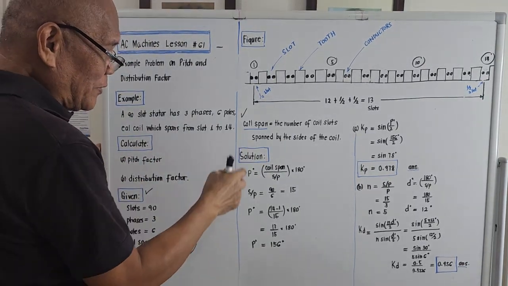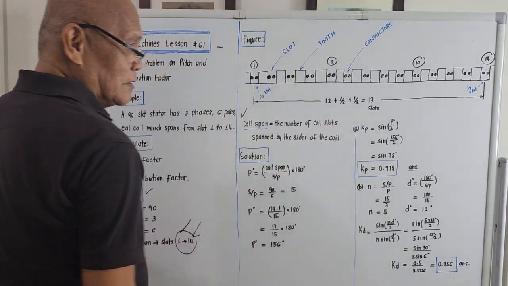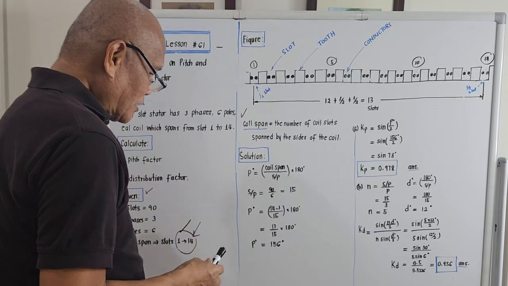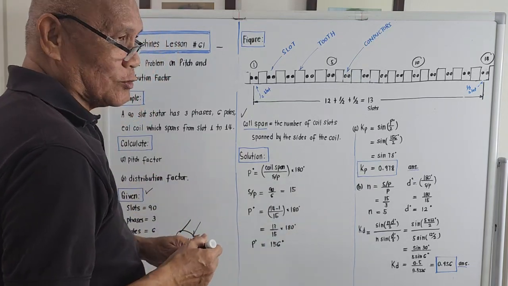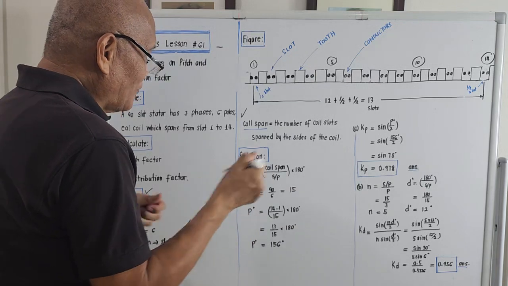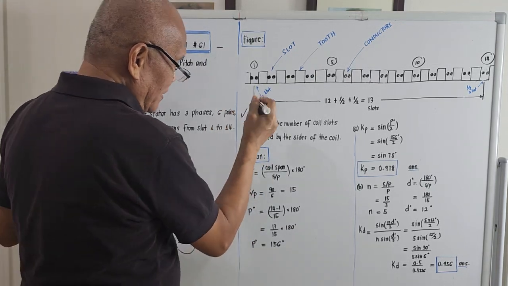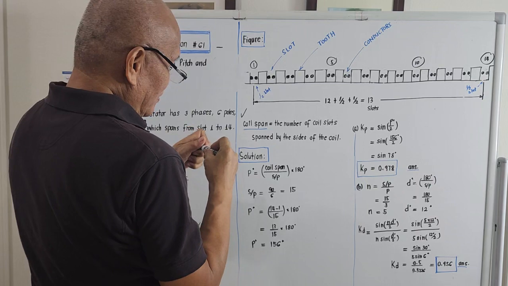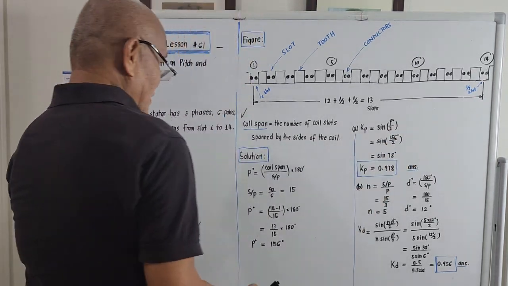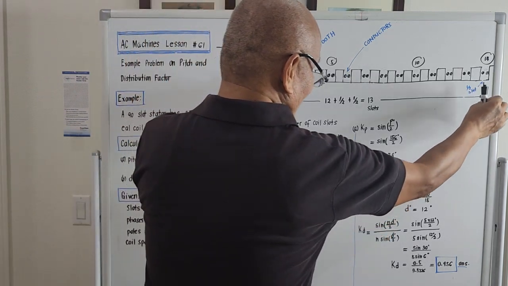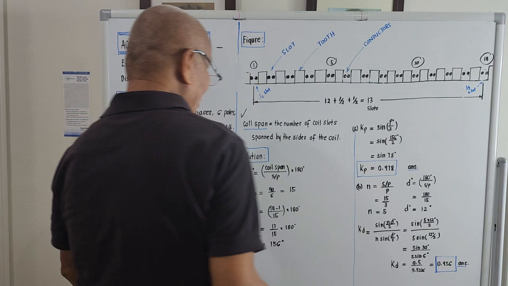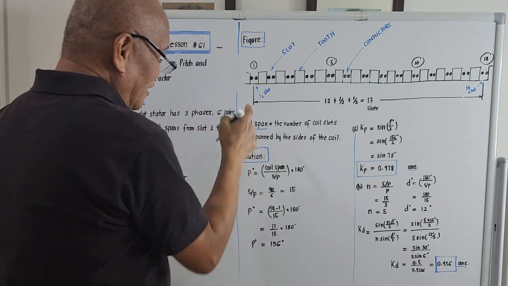Coil span, by definition, is the number of slots. So this is very critical. Let's count the number of slots for us to correct the error from lesson number 60. If the coil span is 1 and 14, the coil span is this one. Let's count the number of slots.